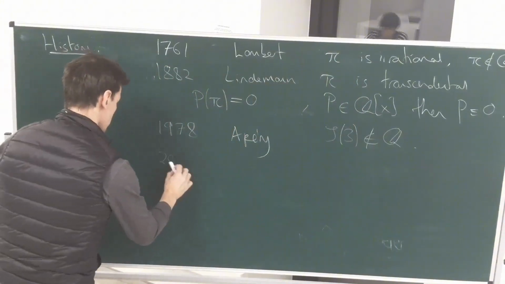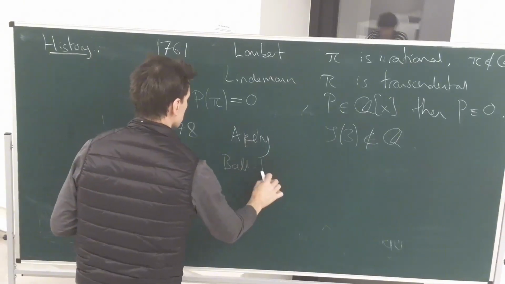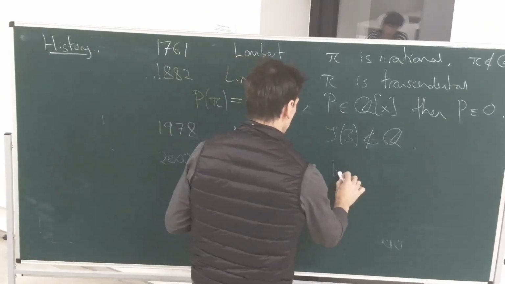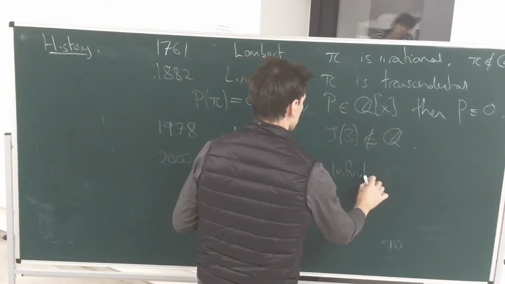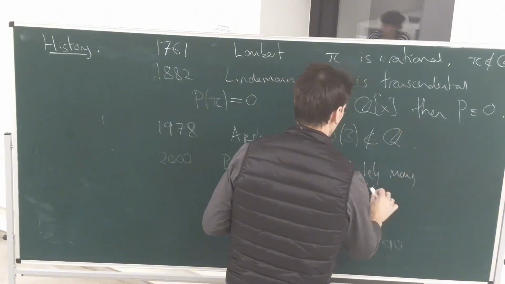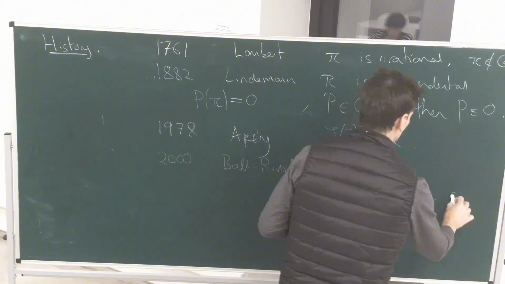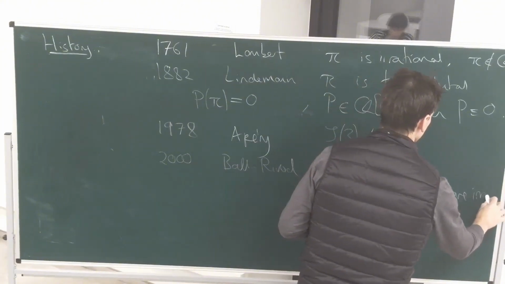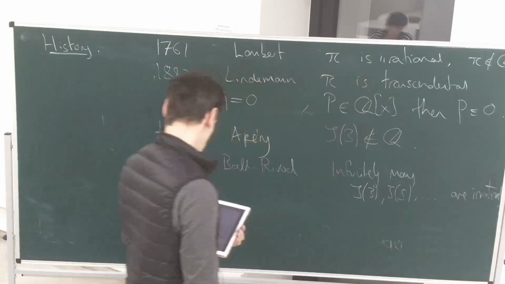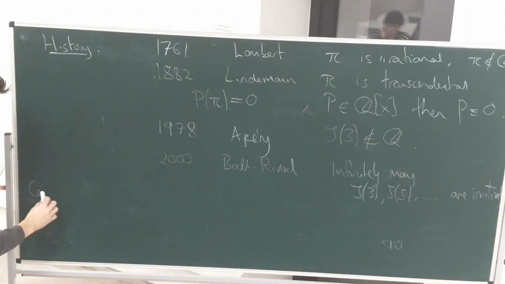In 2000, Ball and Rivoal showed that infinitely many of the odd zeta values are irrational. So that's everything that's known, essentially.